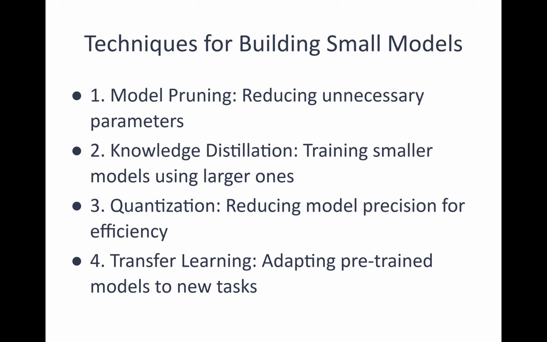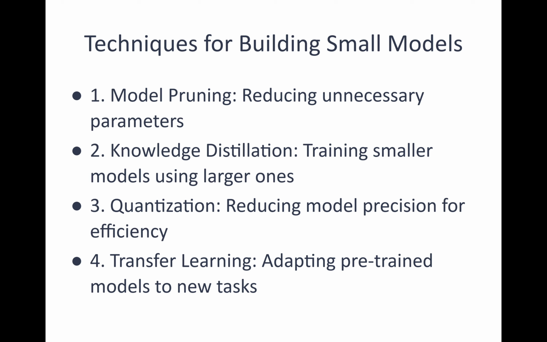This approach allows smaller models to achieve performance levels comparable to larger models while maintaining efficiency. Distillation can be particularly effective in scenarios where deploying a large model is impractical. For example, a model can be used in a mobile application to provide high quality AI services without consuming excessive resources.